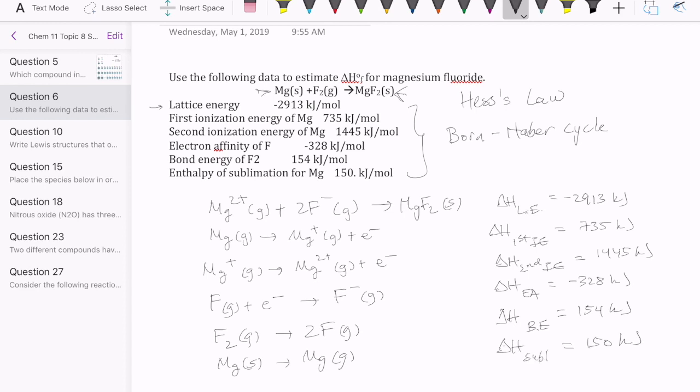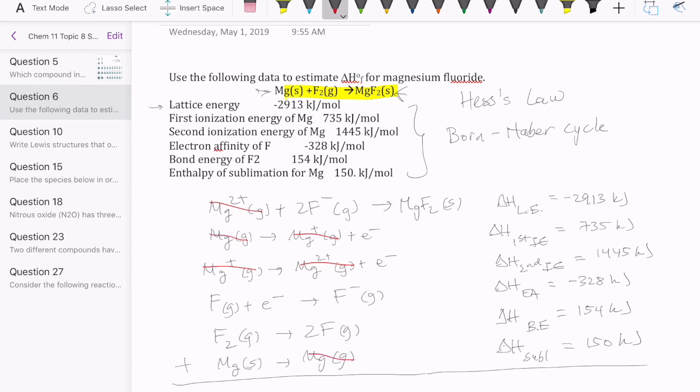So the question is, can we add all of these reactions such that they give us the reaction of interest, the formation reaction given at the very top? Now let's see, some of these things we can cancel out. First off, I can cancel out my magnesium 2 plus in the gas phase. I can also cancel out my magnesium plus, and the magnesium gas here and way at the bottom.